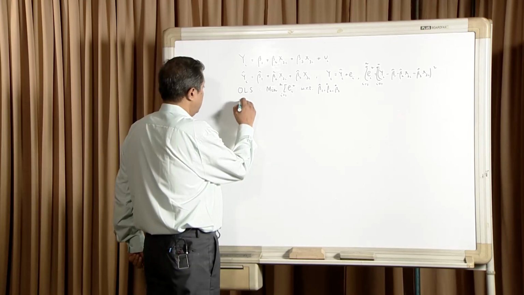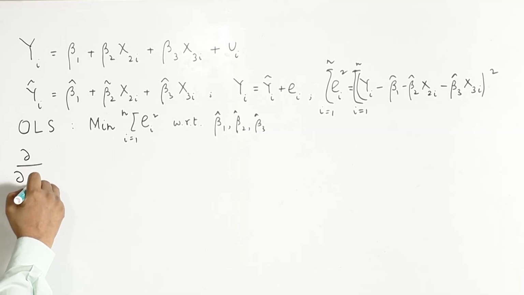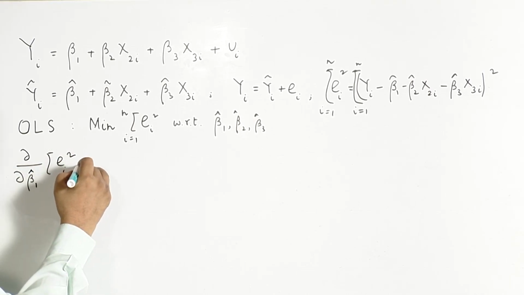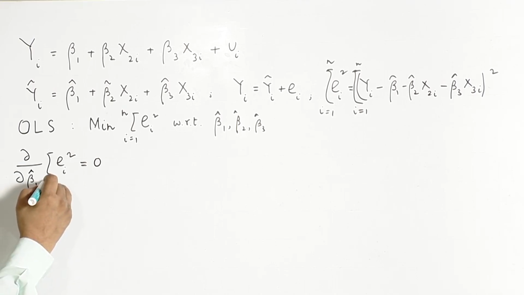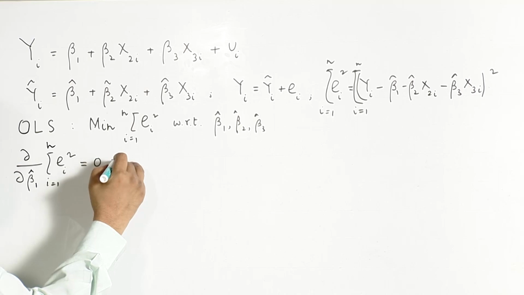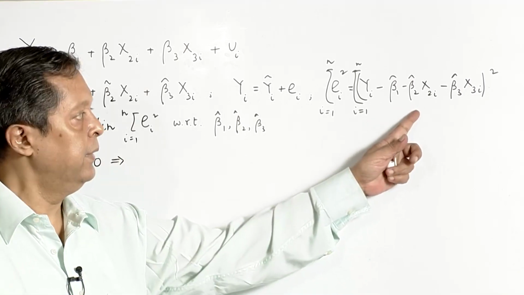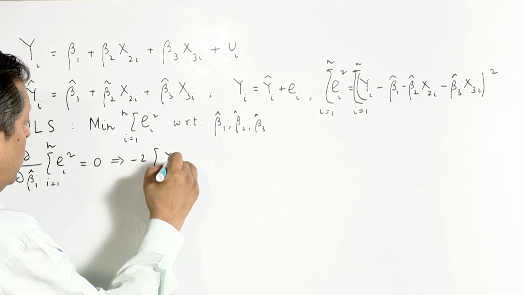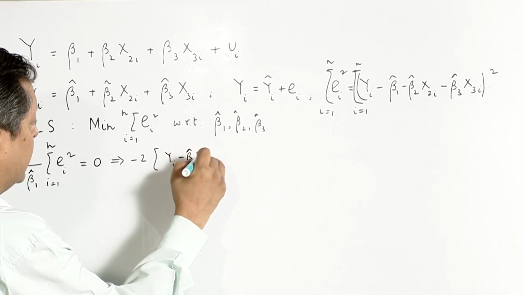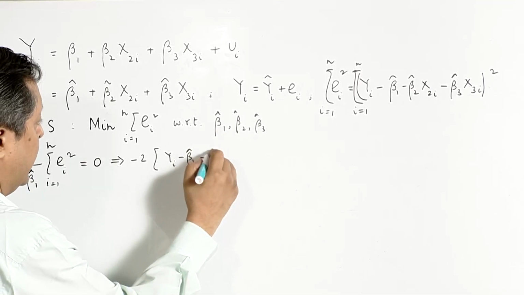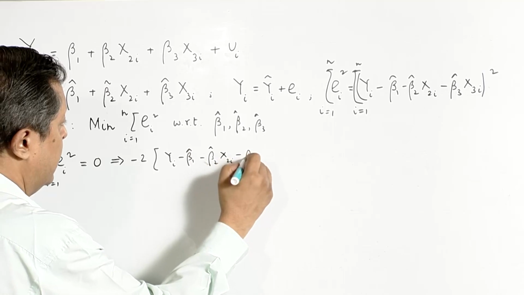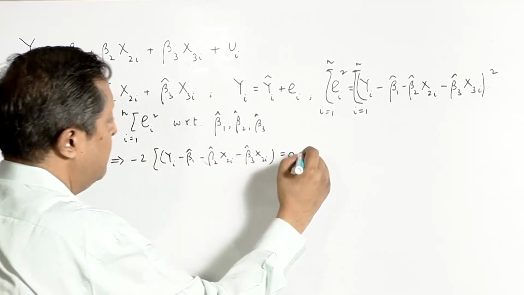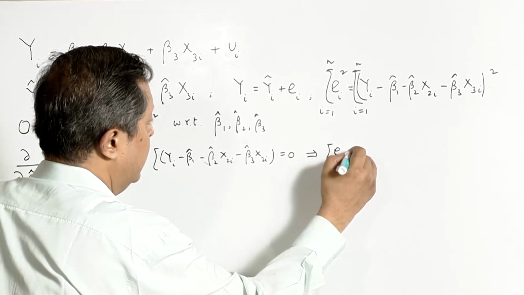So, we write the first partial derivative of summation e i square should be equal to 0, i running from 1 to n, which implies if we take the first partial derivative with respect to beta 1 hat, we will get minus 2 summation y i minus beta 1 hat minus beta 2 hat x 2 i minus beta 3 hat x 3 i is equal to 0, which really means summation e i is equal to 0.